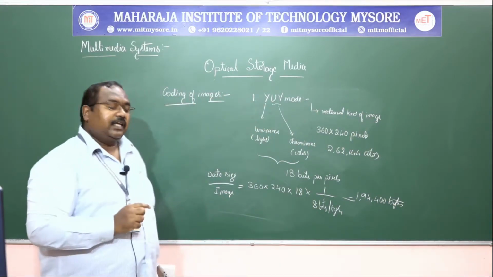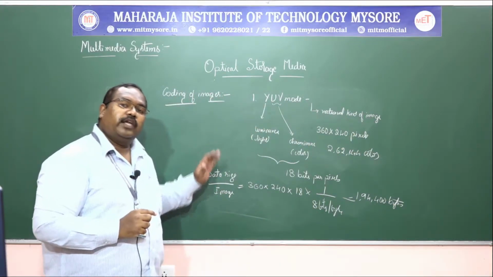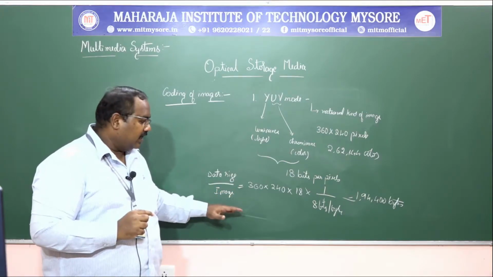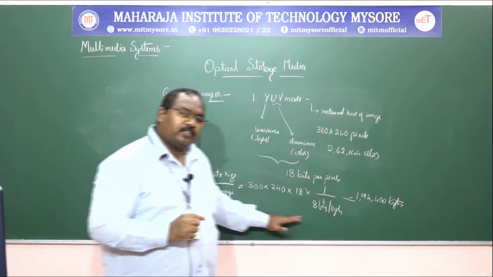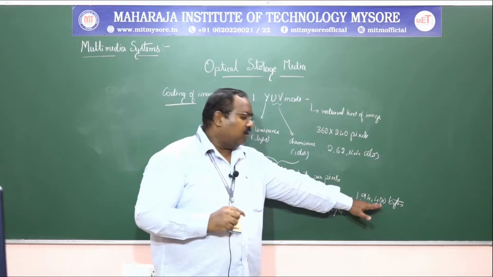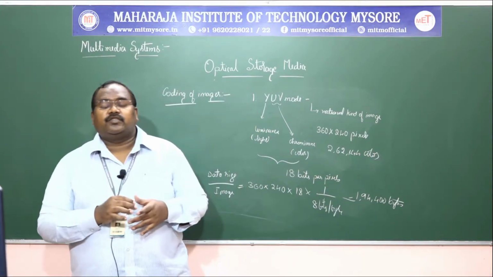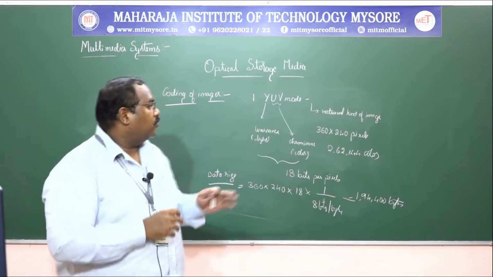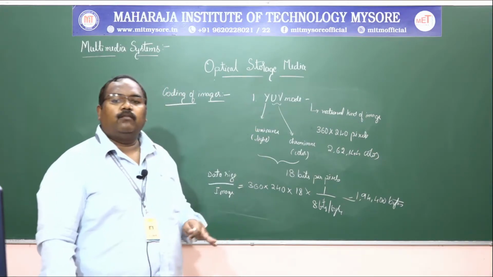Means the data size of the YUV image format in CDI, associated with this specification, is almost 1,94,400 bytes of information. This is with respect to YUV mode.